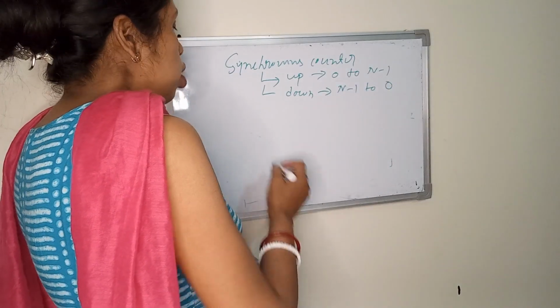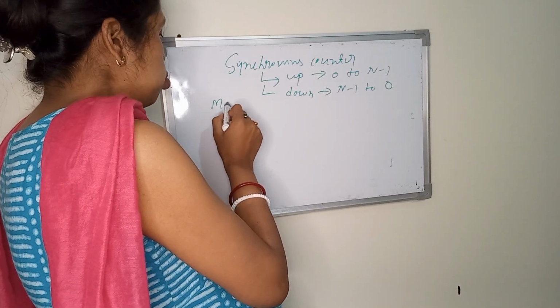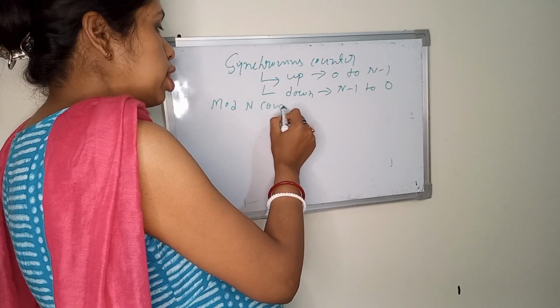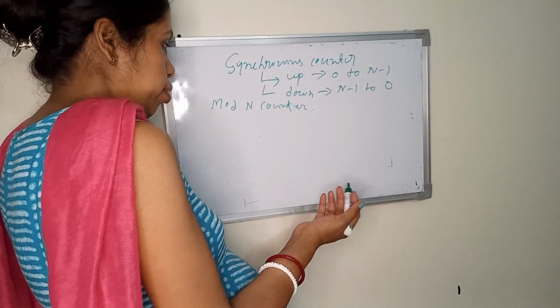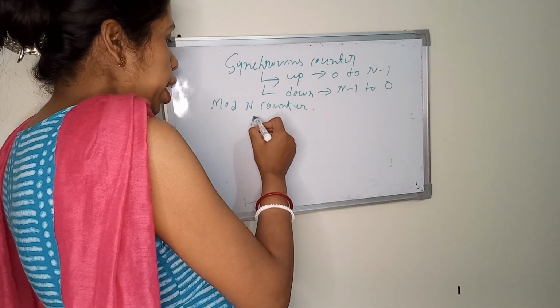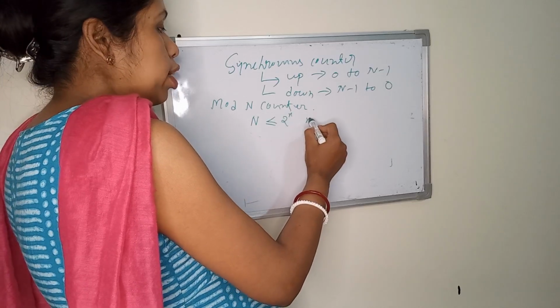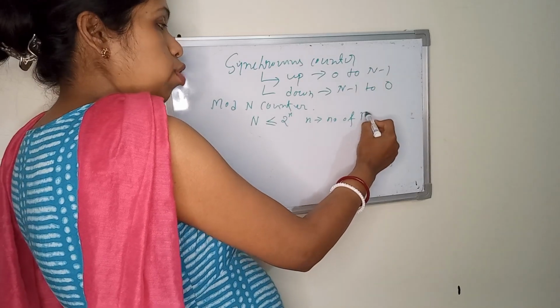Suppose you want to design a mod N counter. For that, how many flip flops are required? N should be less than or equal to 2 to the power n, where n is the number of flip flops.